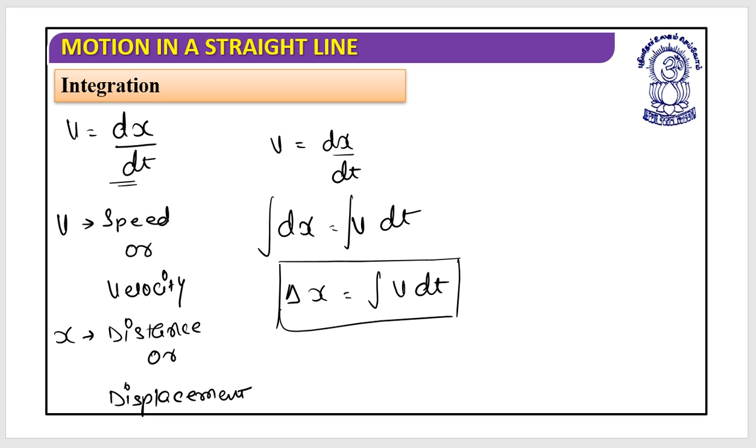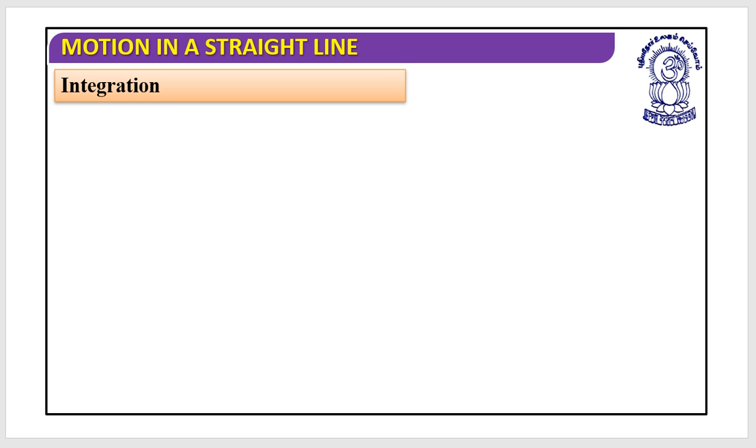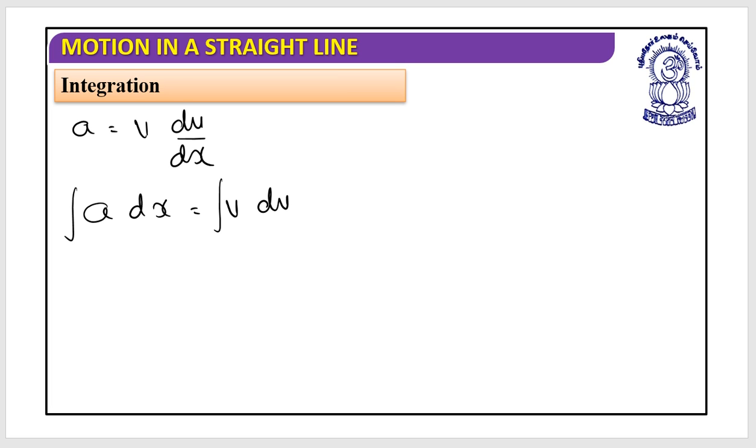Yes. Let's have one more formula. Acceleration is equal to v dv by dx. So if I write a dx, that should be equal to v dv. If I integrate this on both sides, what is the integration of v dv?